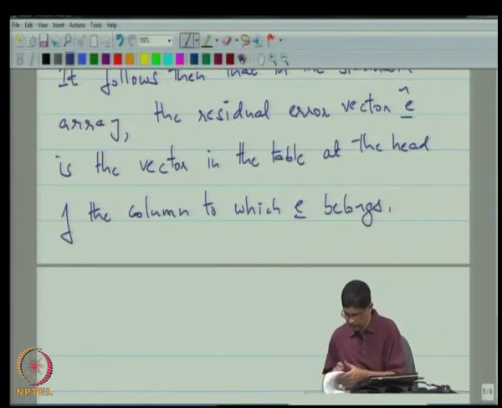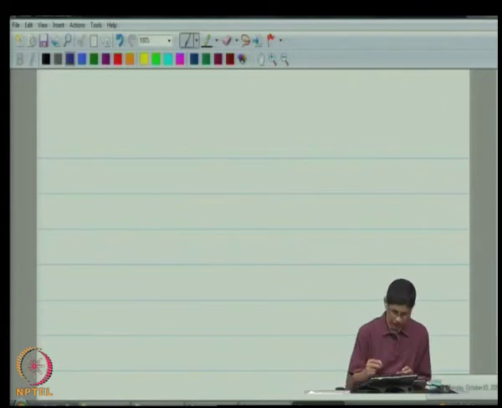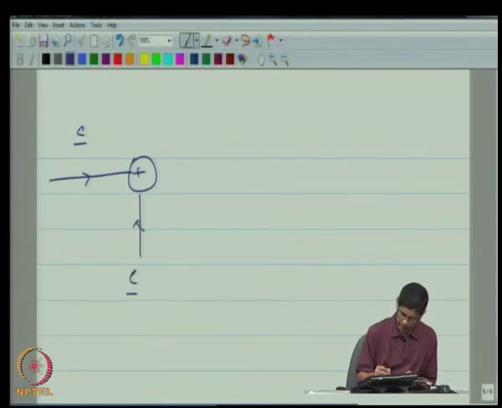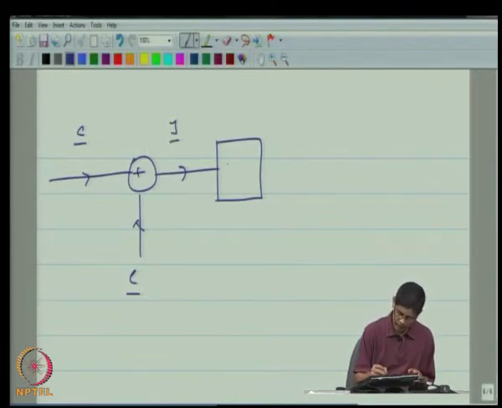And just to cement this concept, I thought we might draw a picture like this. So, the idea is that you have the code word and you have the true error vector E. This is followed by the syndrome computation.